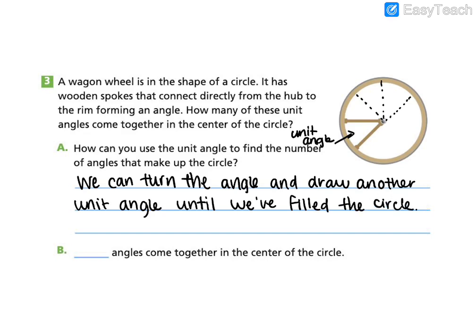Okay, so we just want to do our best estimations here. With our unit angle, once I've kind of sketched them out, then I'm going to go back and darken them, now that I know I have pretty equal unit angles. So go ahead and take a minute to do that.